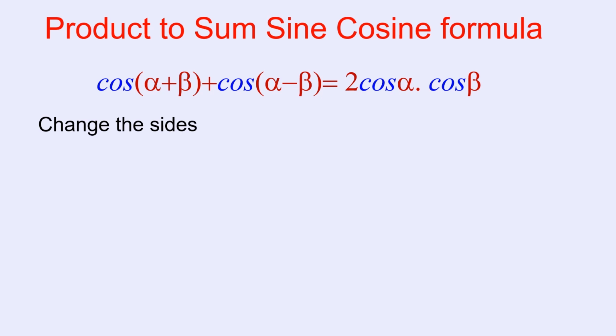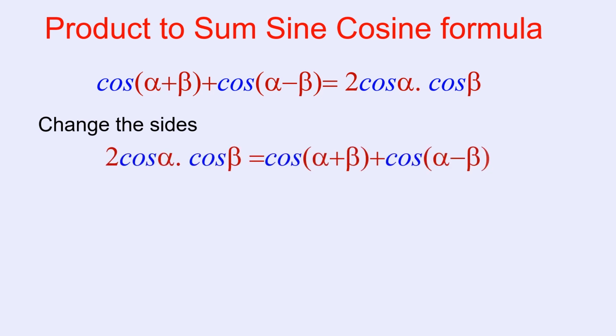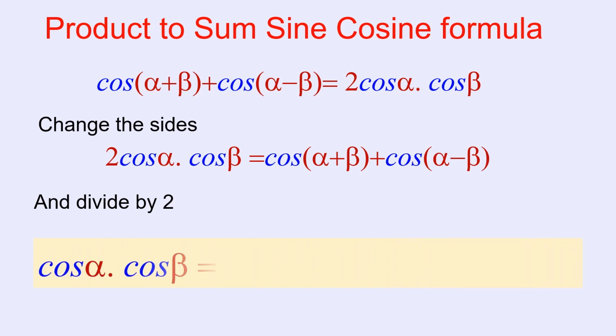Change the sides and divide by 2, we finally get the required formula, that is, cosine of alpha into cosine of beta equals half times cosine of alpha plus beta plus cosine of alpha minus beta.